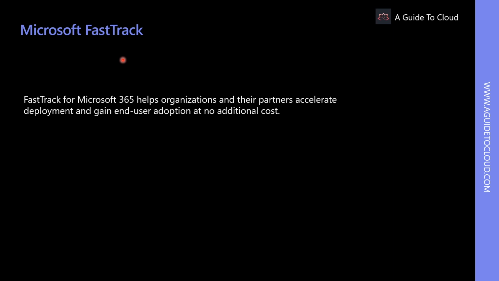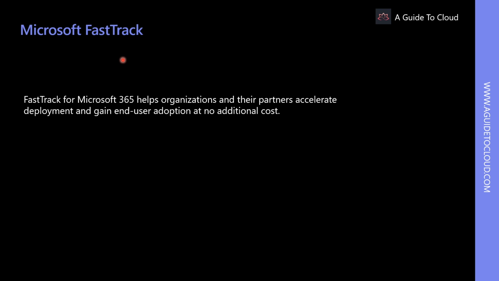Let's understand what Microsoft FastTrack is. With the FastTrack program, Microsoft provides guidance for planning, deployment, and adoption, including remote access to Microsoft engineering expertise, best practices, tools, and resources for successful deployment of Microsoft Teams and other Microsoft 365 services in organizations.